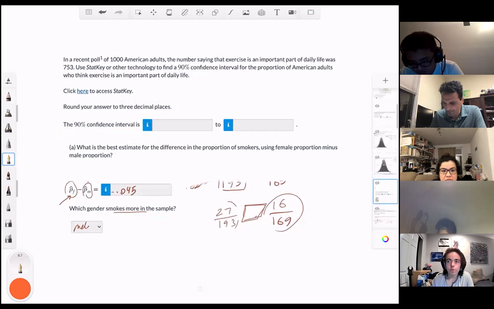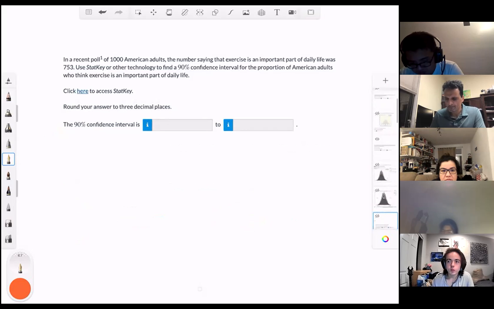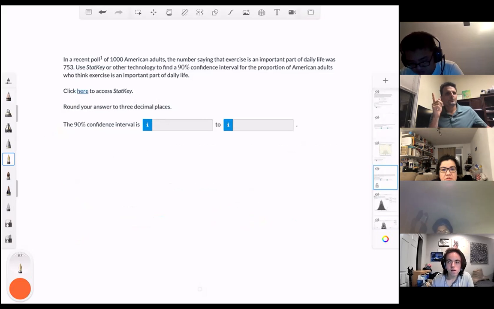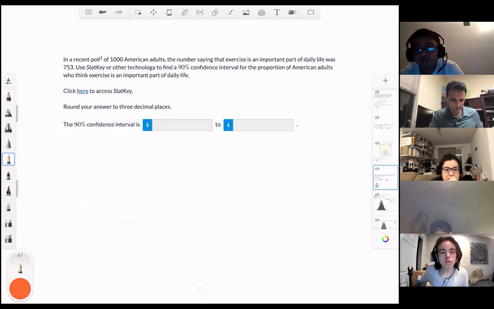What about this question? Sorry, I'm just lost now. So again, we need to go to StatKey. Can you guys do it the same as me? We're going to go to the data set, which will be American adult.